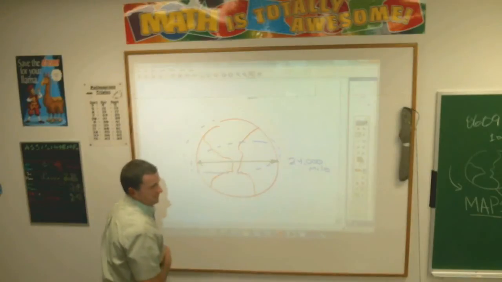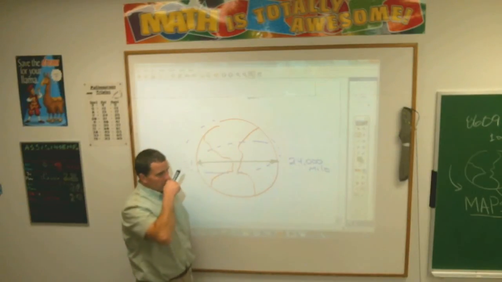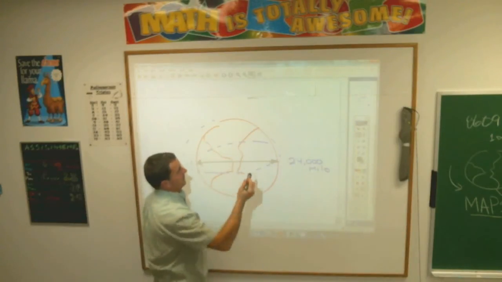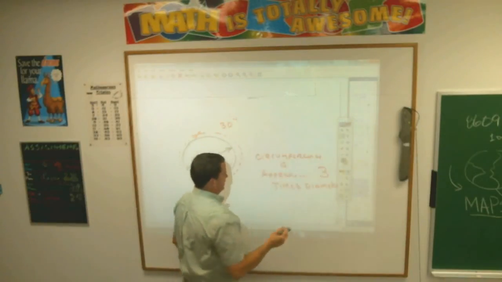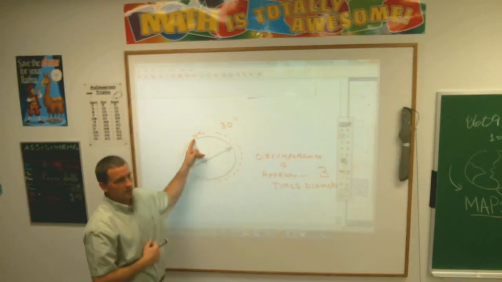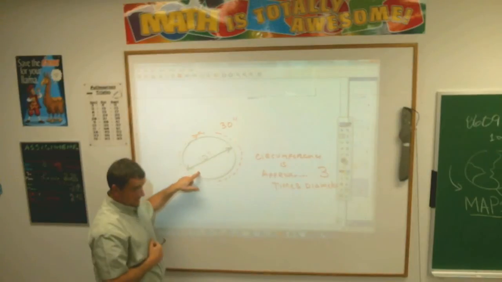Taking a shot. Unfortunately not. You're backwards. Before you knew the diameter and we found the circumference, this time we know the circumference and I want to know what the diameter is.